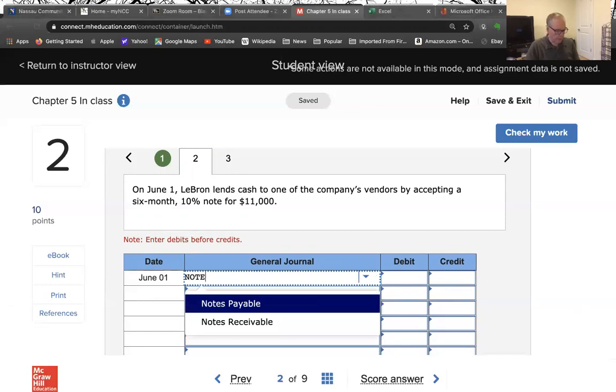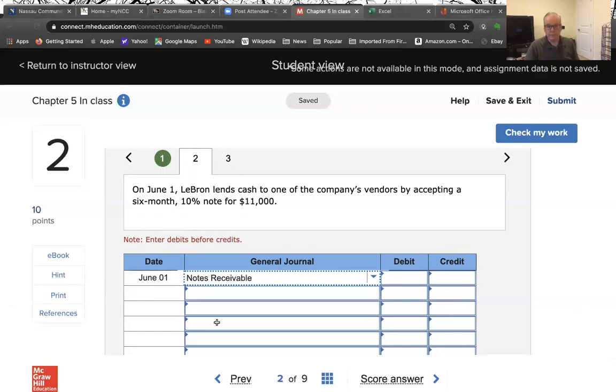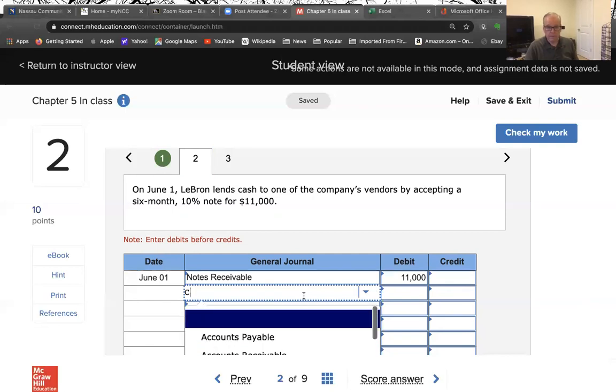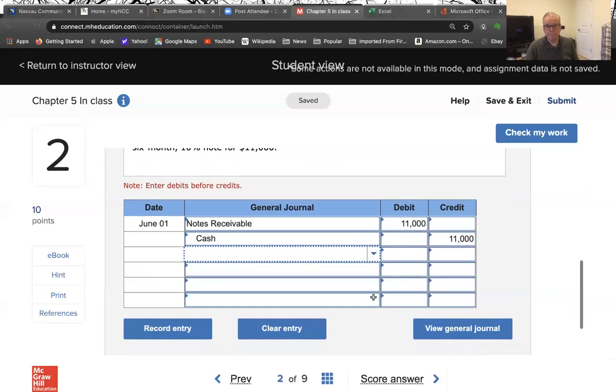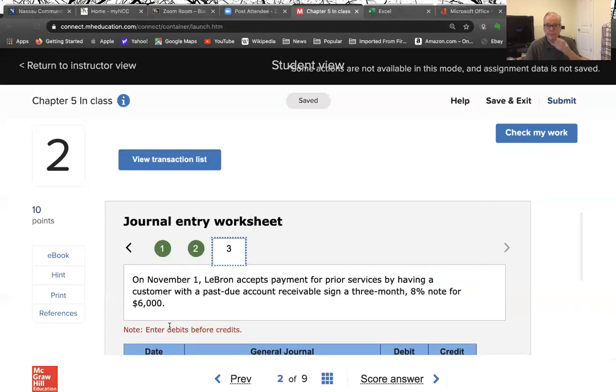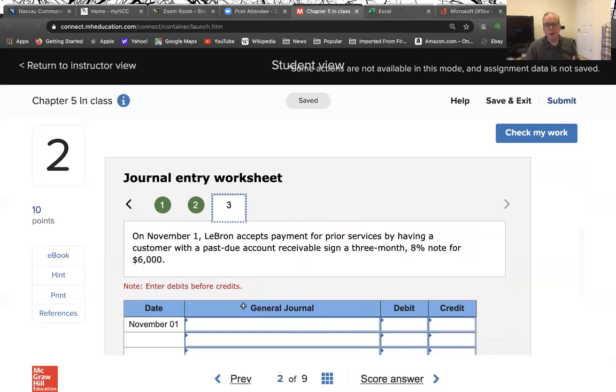We're going to debit notes receivable again. But this time we're going to credit cash. Right? And this is the third way you can get notes receivable.